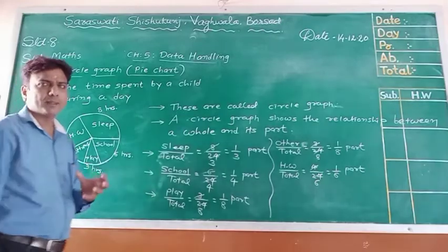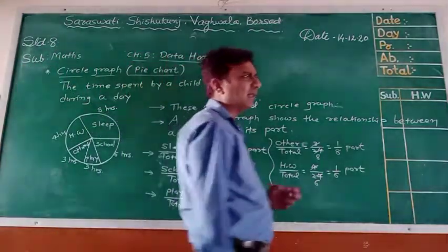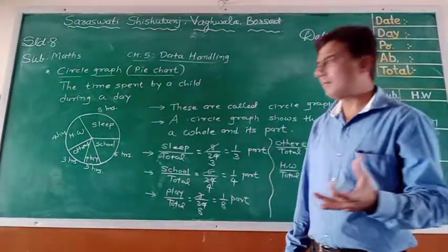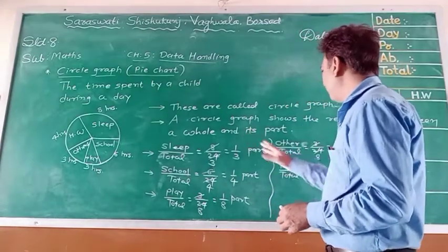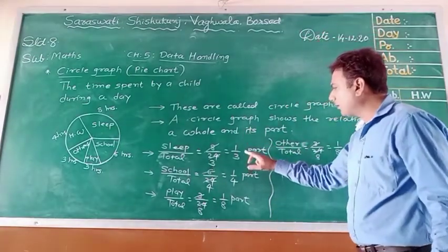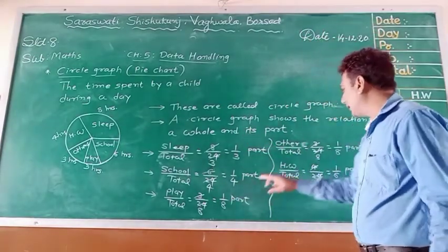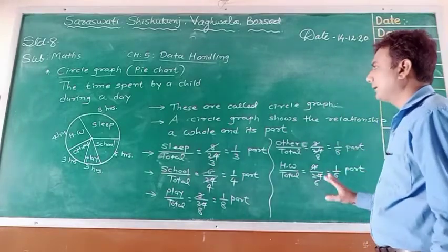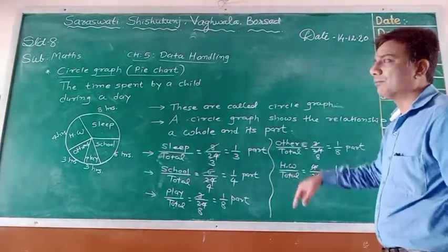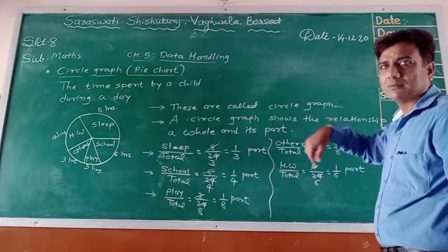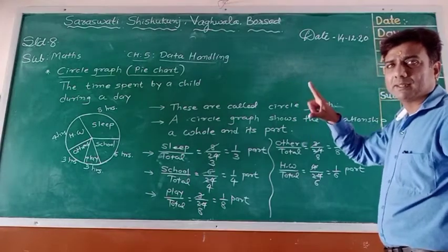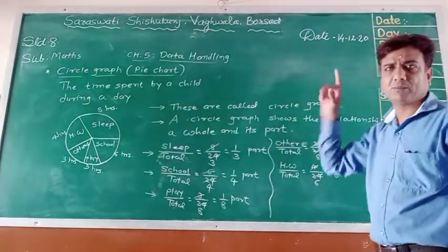Here is one important thing I want to show you. If we add all these, 1 by 3, 1 by 4, 1 by 8, 1 by 8, and 1 by 6, we will get 1, because it is one whole circle.